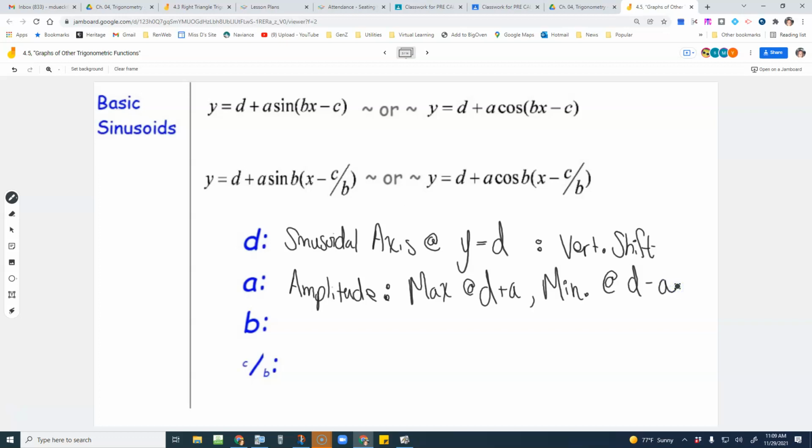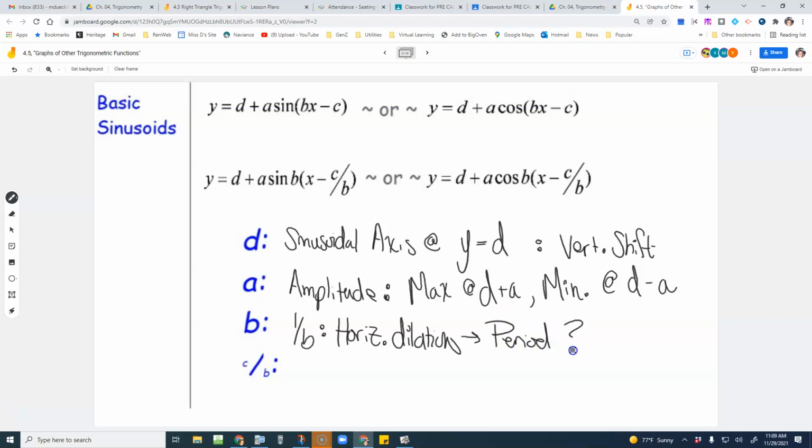B is going to have something to do with my period. It's going to be the horizontal dilation. We're going to have to see next time that has something to do with the period, aka how long the cycle is.